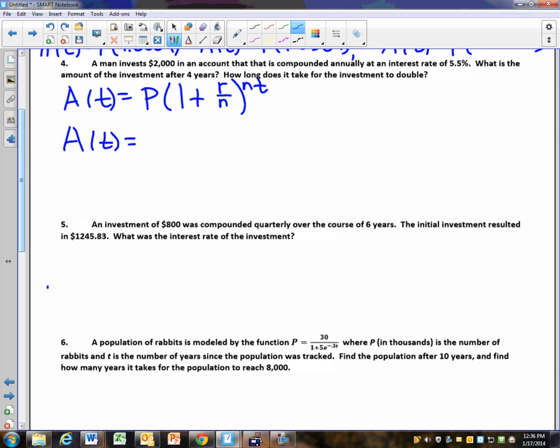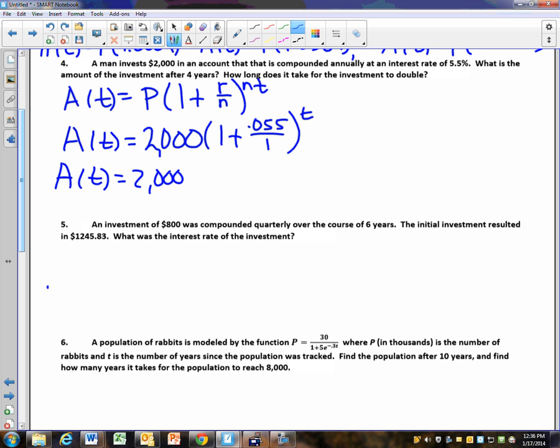What's the principal? One plus, what's the rate, divided by 1, raised to the 1t power. So that means the amount at time t is equal to 2,000 times 1.055 to the t power.